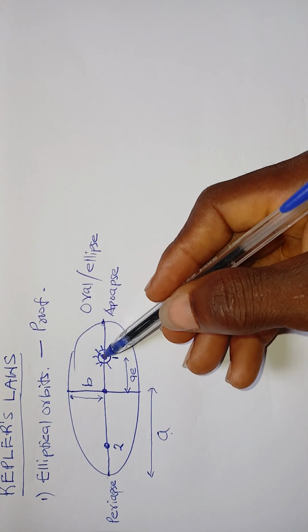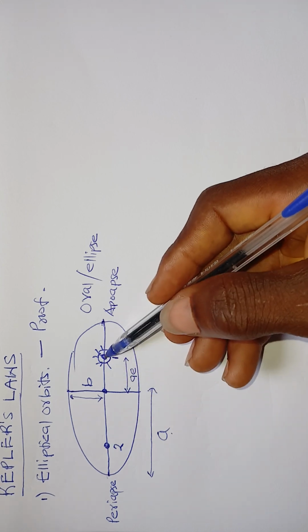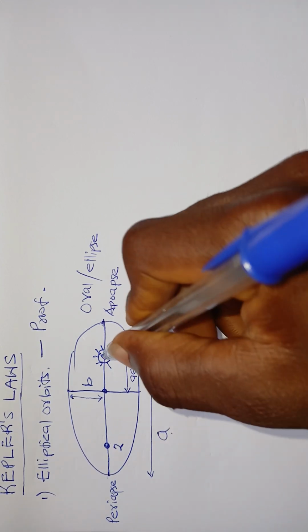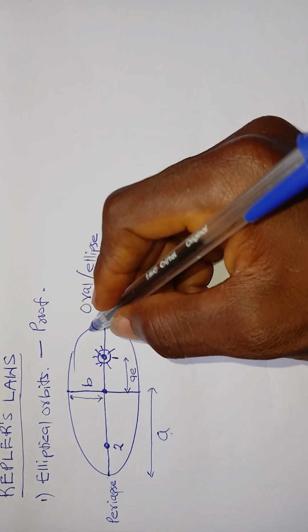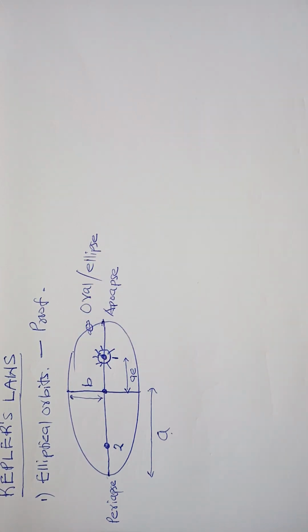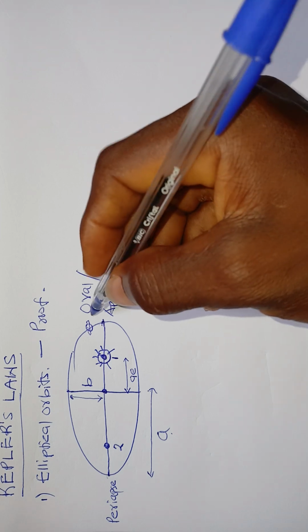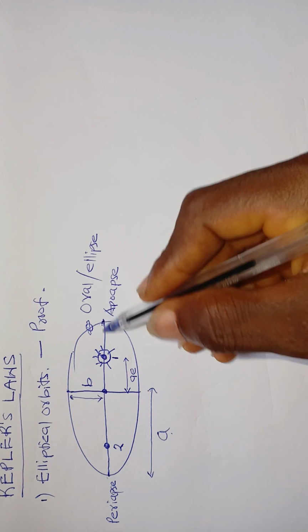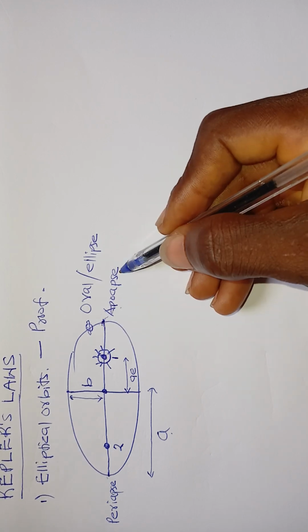There are two foci of an ellipse, and the sun happens to be at one focus with the planet revolving around it, like so. Now, when the planet is closest to the sun, we call that position periapse.